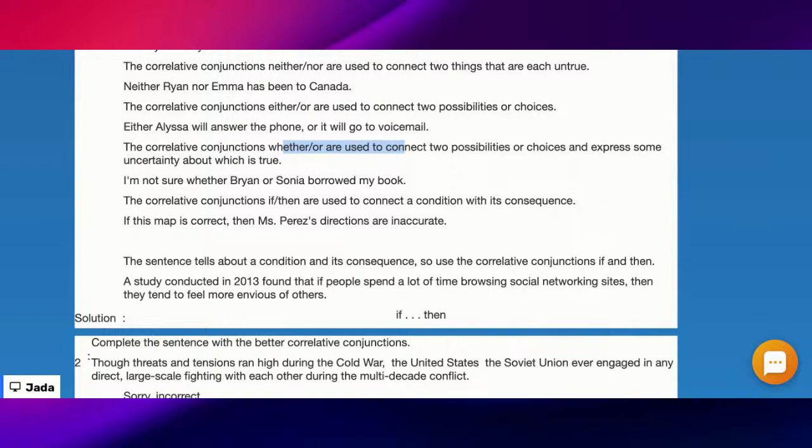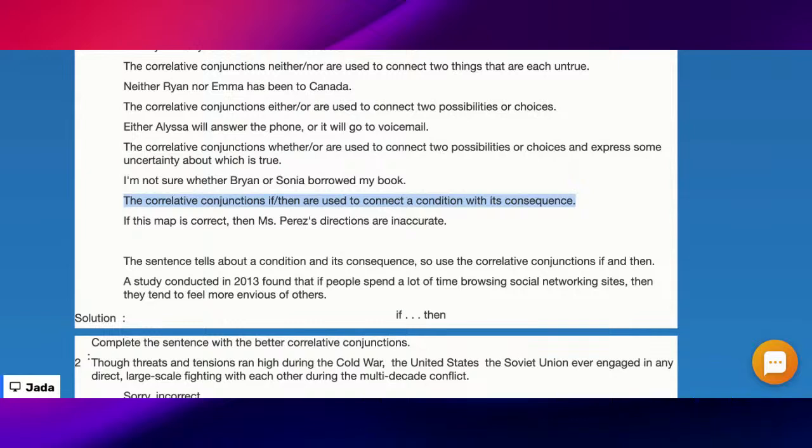So we have also the correlative conjunction if then. If then is used to connect a condition with its consequences. So if you have if then, it connects a condition with its consequences.